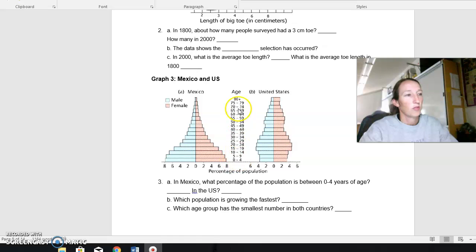Well, here's the age, and it's this first bar. So the male population is 8%, because they're 0 to 8%. And the female population is 0 to 8%. So what percent of the population is between 0 to 4 years in Mexico? You should have got 16%. And you'll do that for the US and so on and so forth.